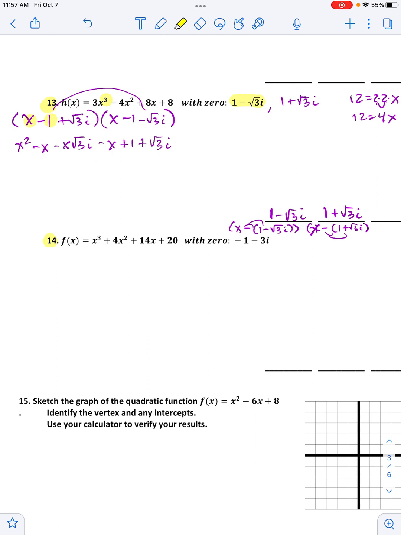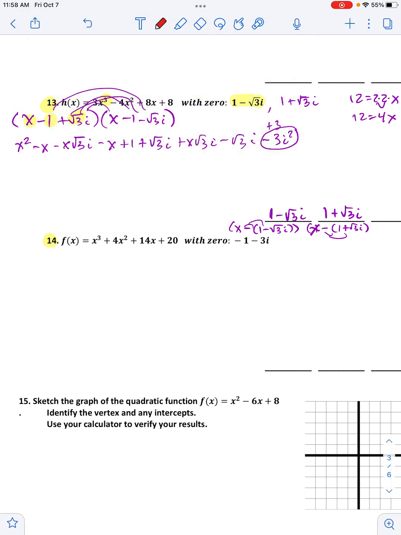Now I'm going to go through and distribute the root 3i. So here I'm going to have an x root 3i, and then a minus root 3i. And then here I'm going to get a negative. Root 3 times root 3 is going to be a 3. i times i is going to be i squared. So this will end up having a value of plus 3. So at this point, the imaginary parts should cancel.